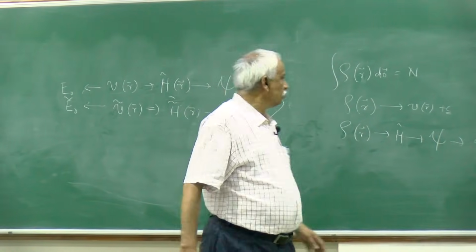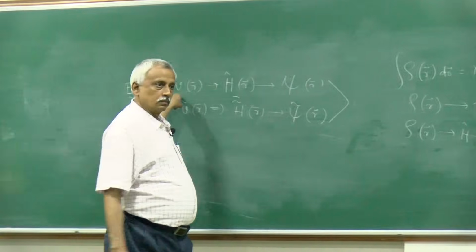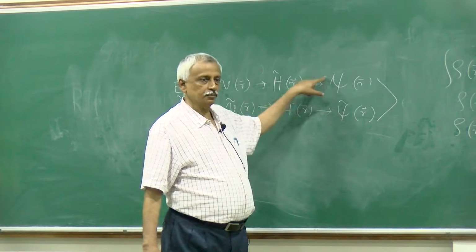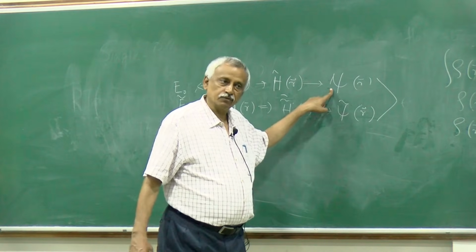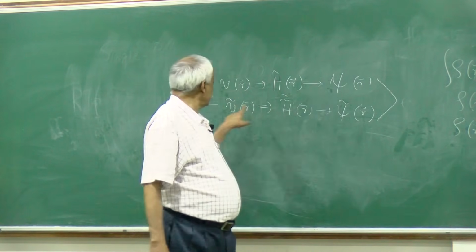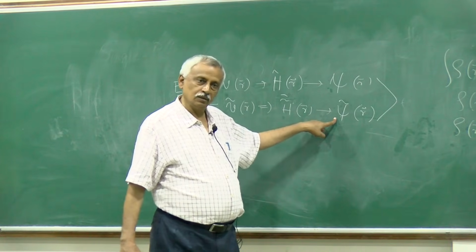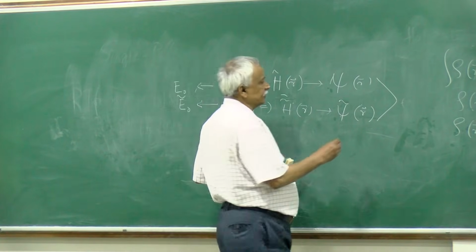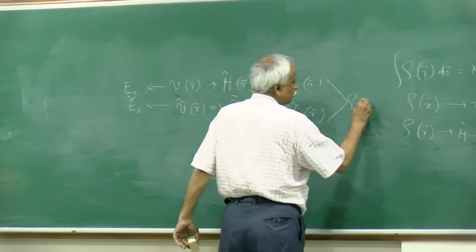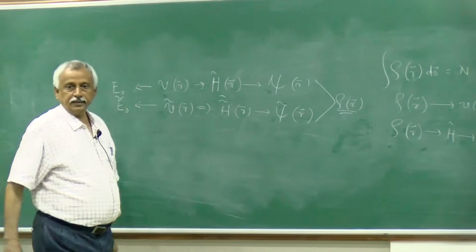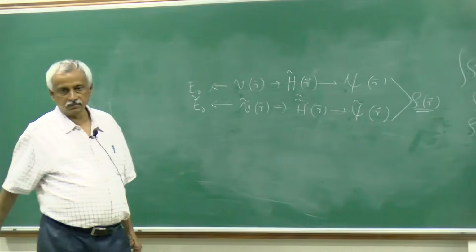So we know the number of electrons, and the external potential gives me the Hamiltonian, and that, in principle, if you can solve the Schrodinger equation, gives me the wave function. Another external potential gives you another Hamiltonian and another wave function. But our starting point is that we assume that both the external potentials are connected to the same density.